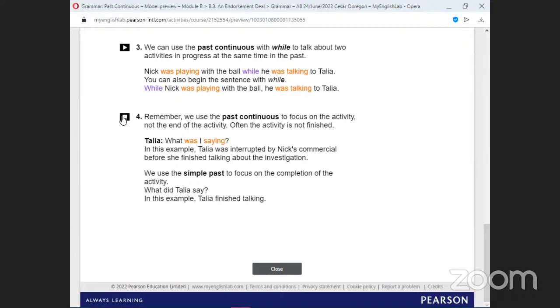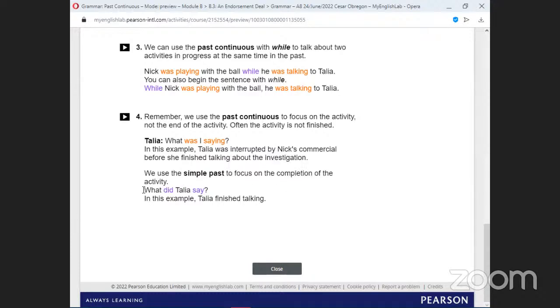What did Talia say? In this example, Talia finished talking. Just a fast recap about the simple past: you use it so that you can say that something was completed.